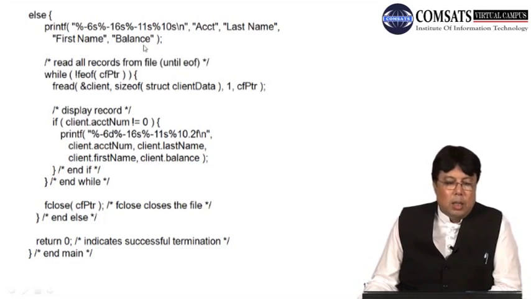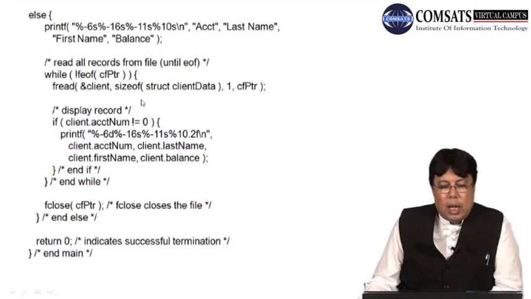So this is just for the title. Then we can start reading it: read the address, size of the data, one by one, and you keep on reading it as long as the client's account number is not equal to 0. An account number equal to 0 means the end of the file.